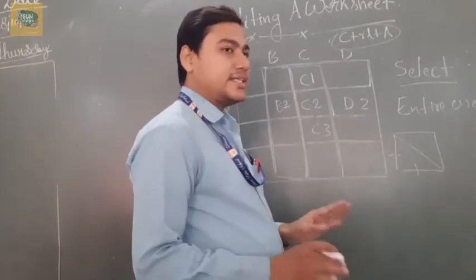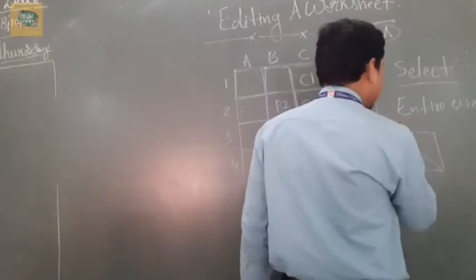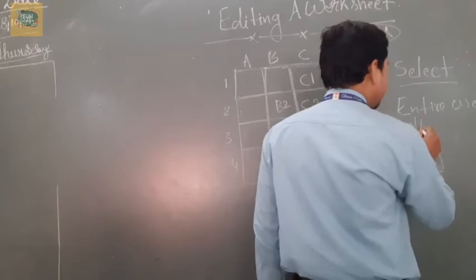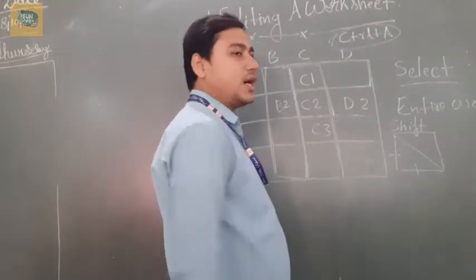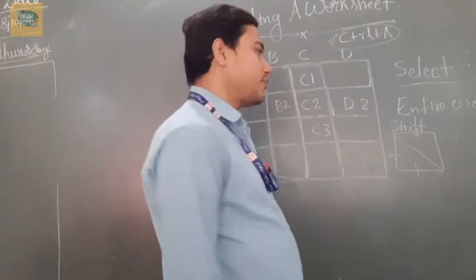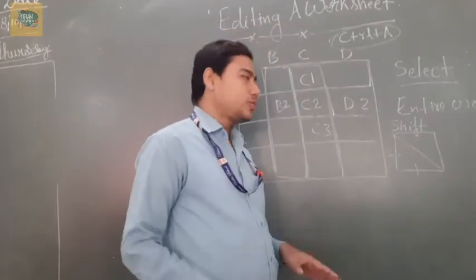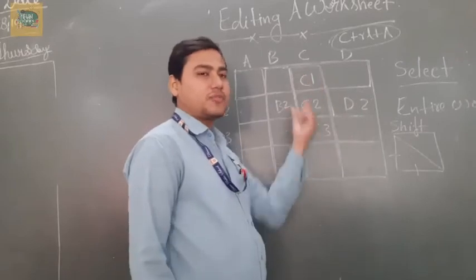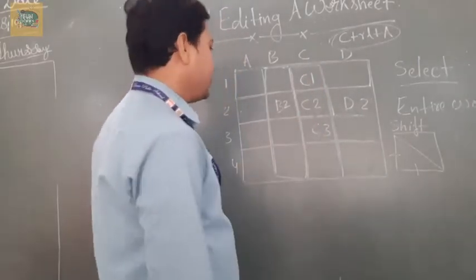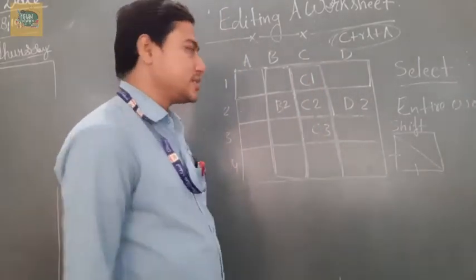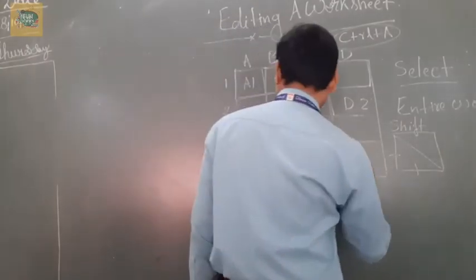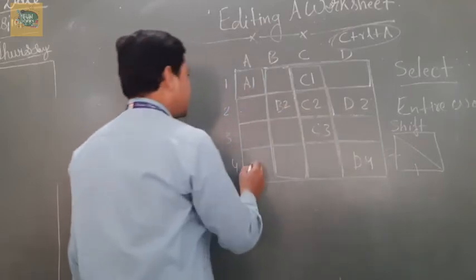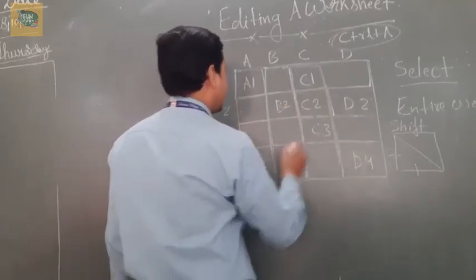For selecting the adjacent cell, we use the Shift key. Which key do we use? The Shift key. If you press the Shift key and use the arrow key, you can select any of the adjacent cells. Now if you want to select non-adjacent cells, suppose this one is A1, this one is B4, this one is A4, and this one is B1.